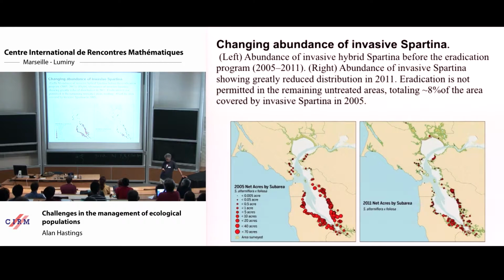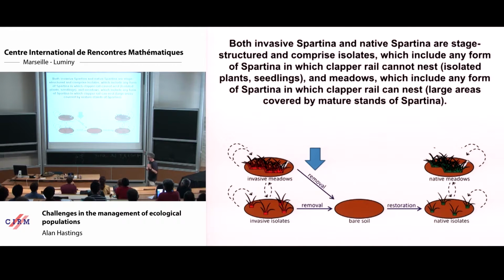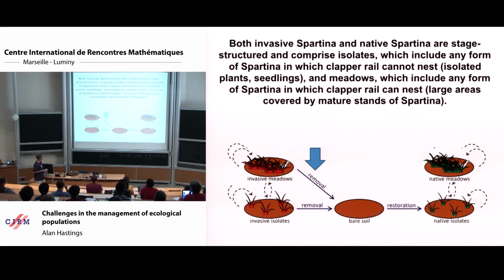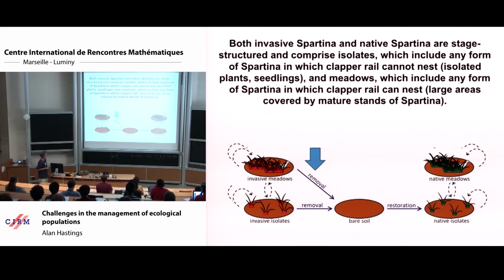So let's look at the dynamics here, because before you would have said, gee, very simple, get rid of the invasive as fast as possible. There are real costs to the invasive, and I'll emphasize some of that in a little bit. And so, both the native and the invasive, we need to think about their stage structure.